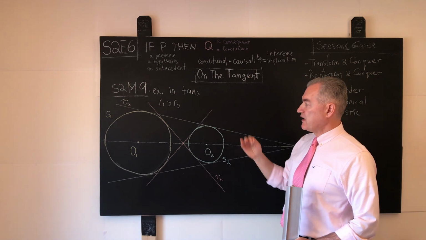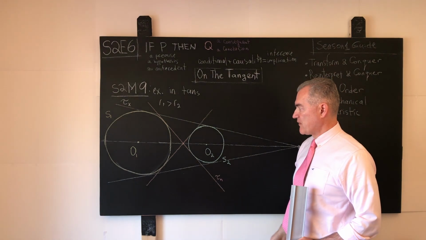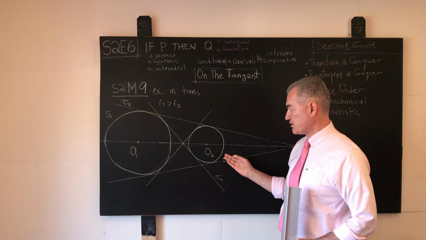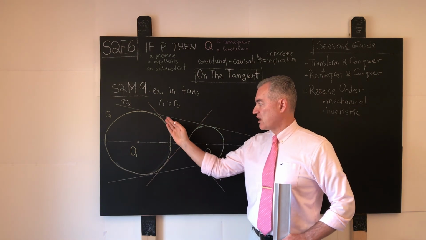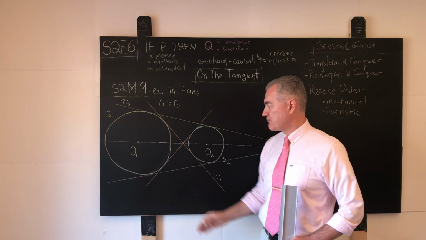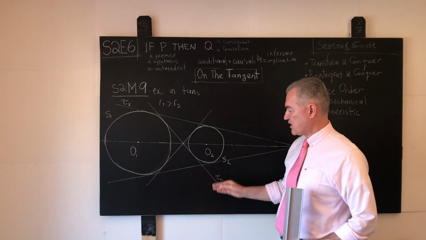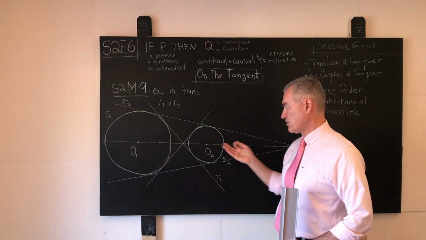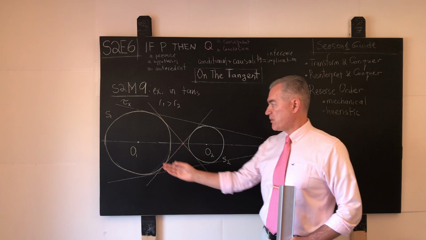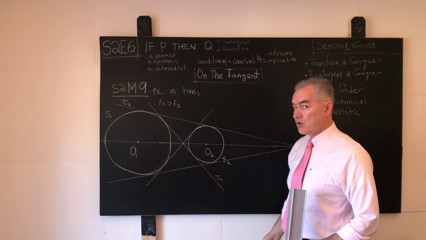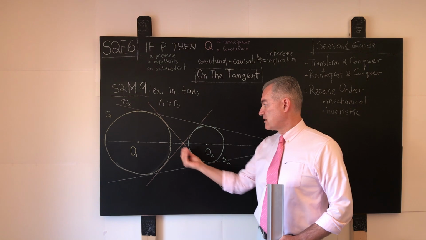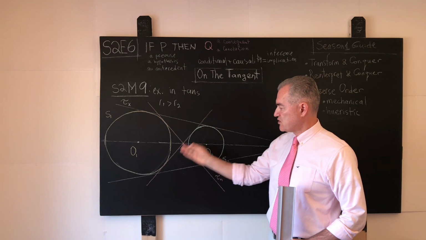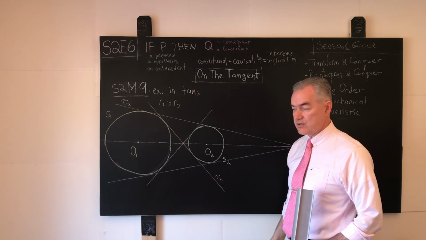Internal tangent, on the other hand, is also a straight line that has precisely one point in common with the circle S2 and precisely one point in common with the circle S1, but both of such internal tangents intersect the straight line of centers, or the straight line that passes through the points O1 and O2, precisely in between the points O1 and O2, and two such internal tangents are shown here.